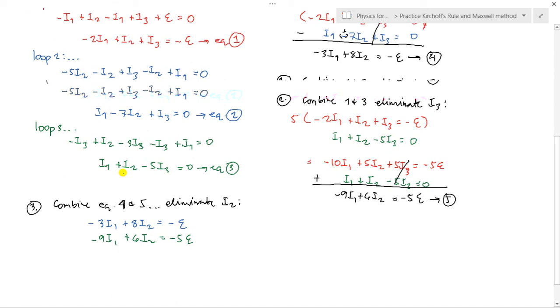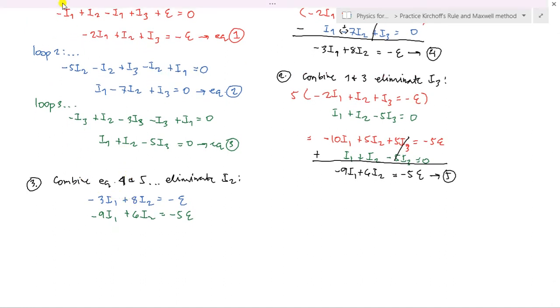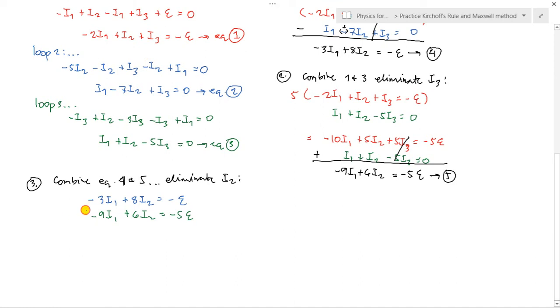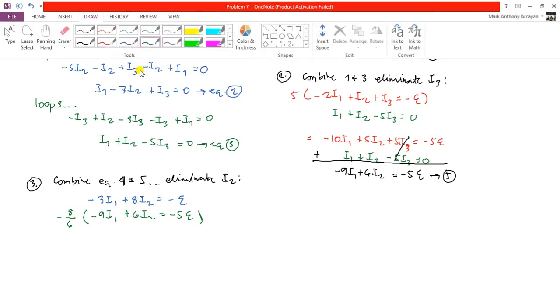So in order to cancel out this I2, I'm going to multiply equation 5 by negative 8 over 6, so that the 6 becomes negative 8 and cancels the 8.